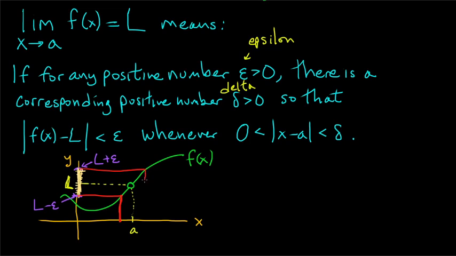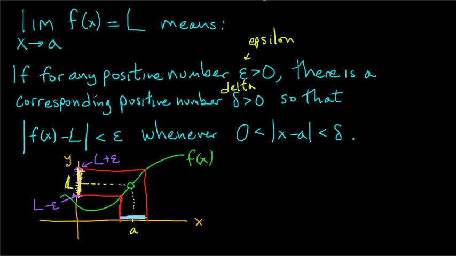Close enough. So now you can see where x has to be. X has to be within this band here, I'll make it a little blue band. So as long as x is anywhere around here, then the corresponding f of x is guaranteed to be within epsilon of L.